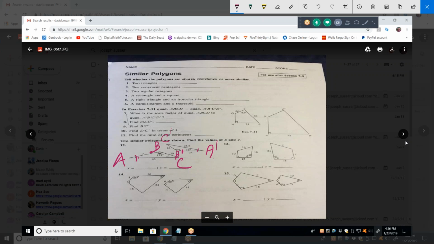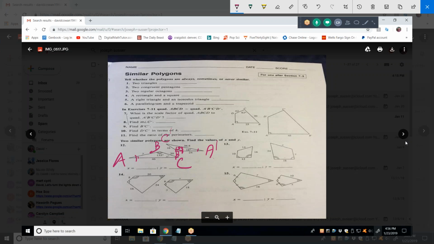Now, as far as figuring out the answer, what's x? Hold on. You look at this a second. What's B prime? B prime is 133 degrees.